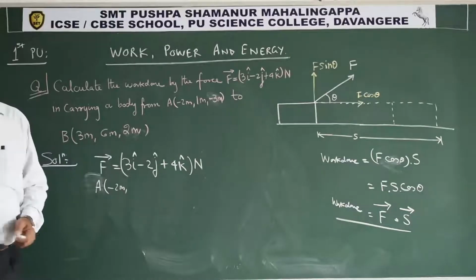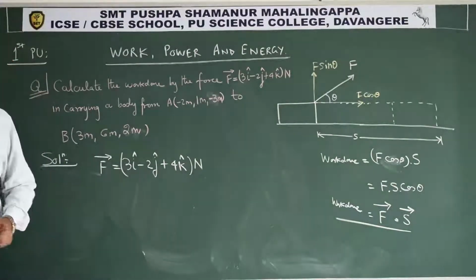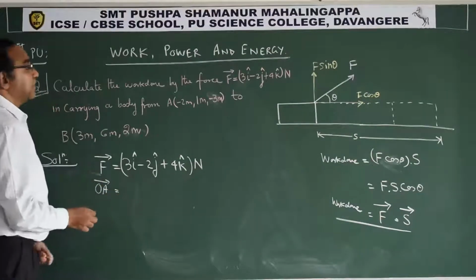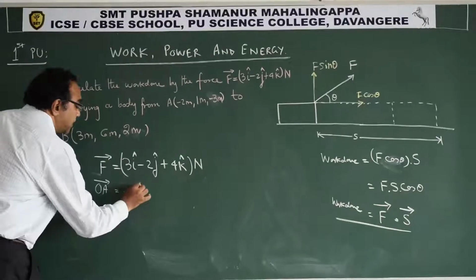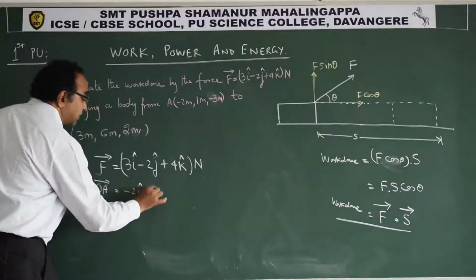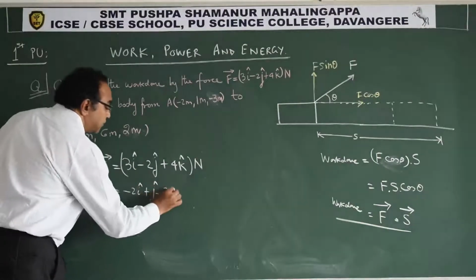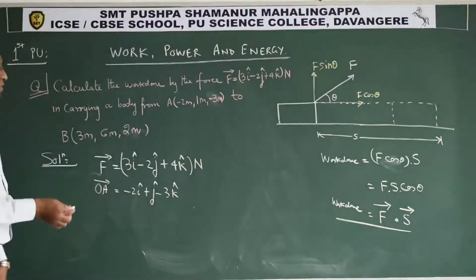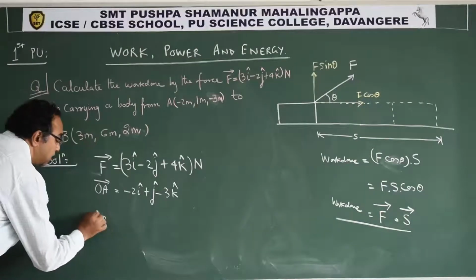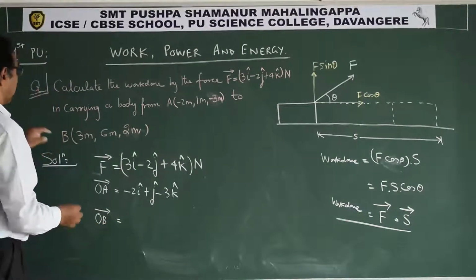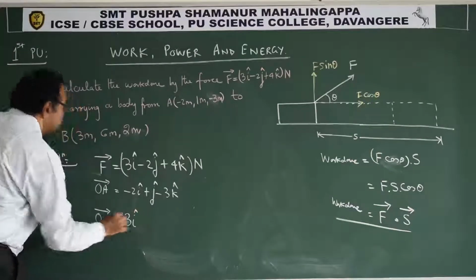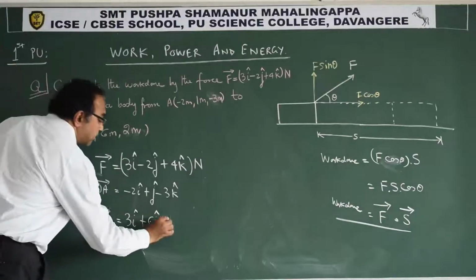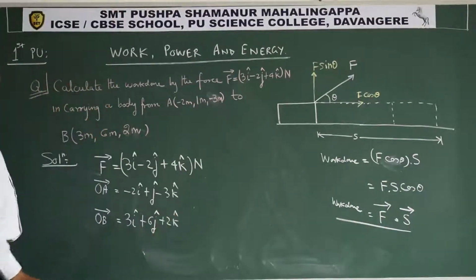If you are aware of how to write in the vector form, we can write it as OA vector. This is minus 2i plus j minus 3k. This is in vector form the position of the point. It is also known as position vector. Then OB. OB is given as 3i plus 6j plus 2k. This is what we have.